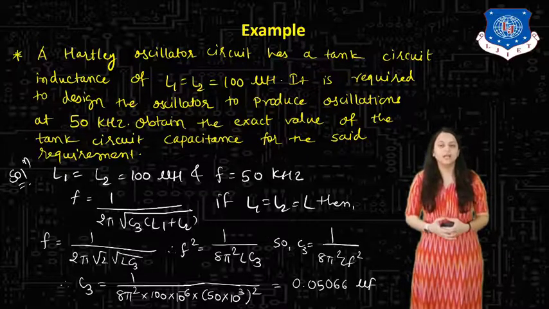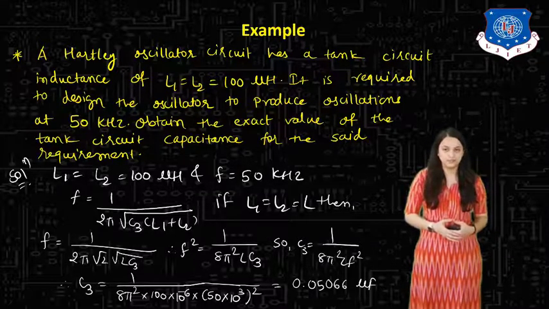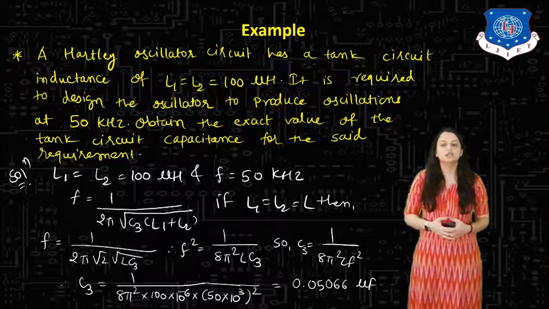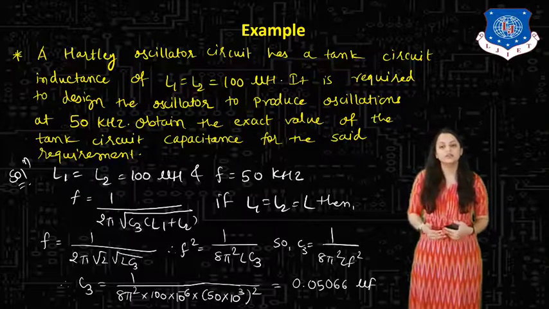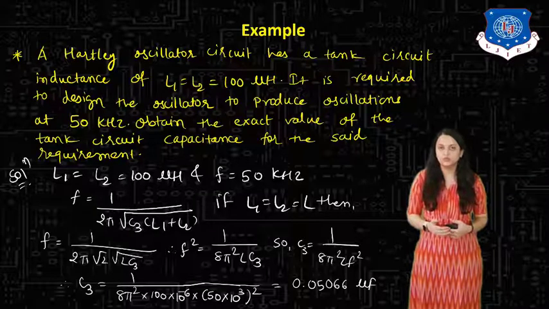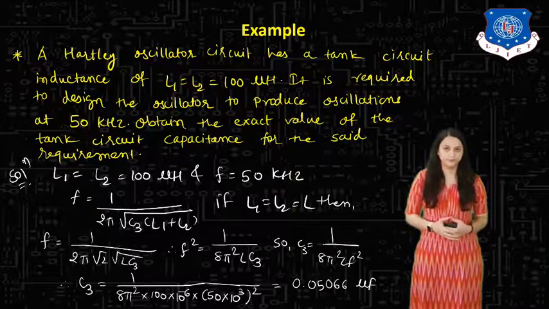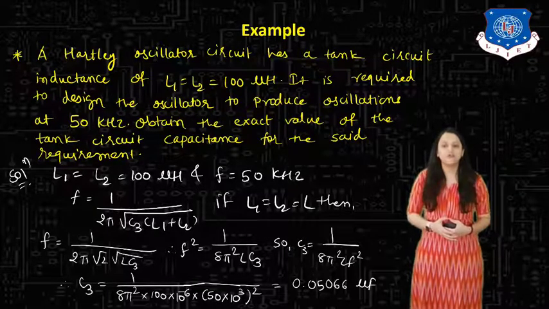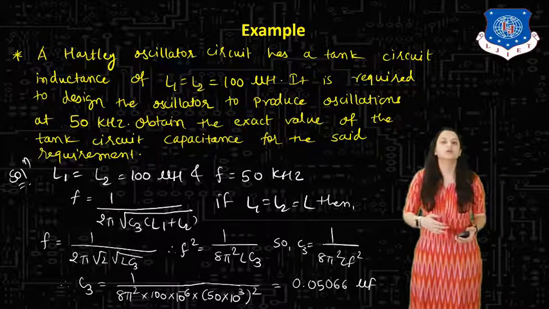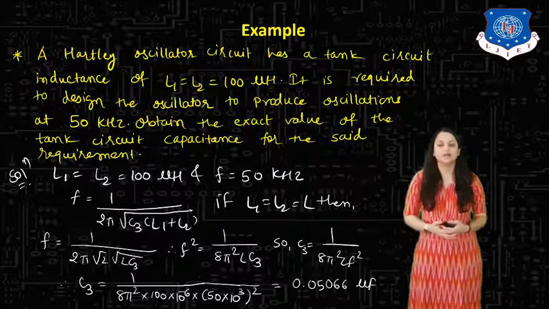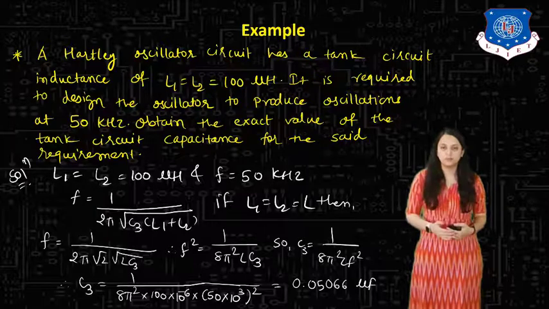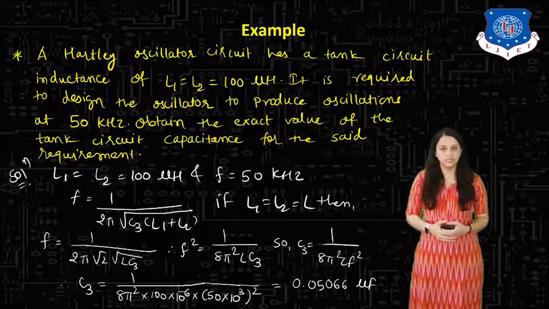Now if L1 equals L2 equals L, then the equation can be reduced as f equals 1 by 2 pi under root of 2 L C3. If we square both sides, we have f square equals 1 by 8 pi square L C3.